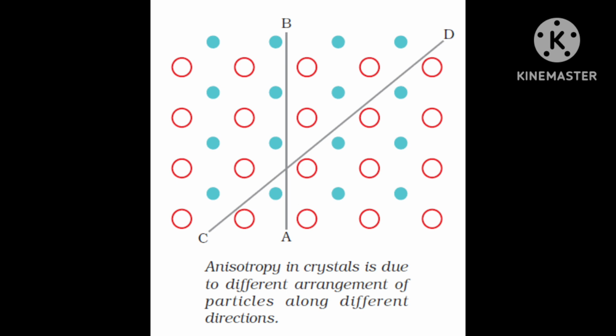Due to this mathematician, there are only 14 possibilities, and these are called, after his name, Bravais lattices.